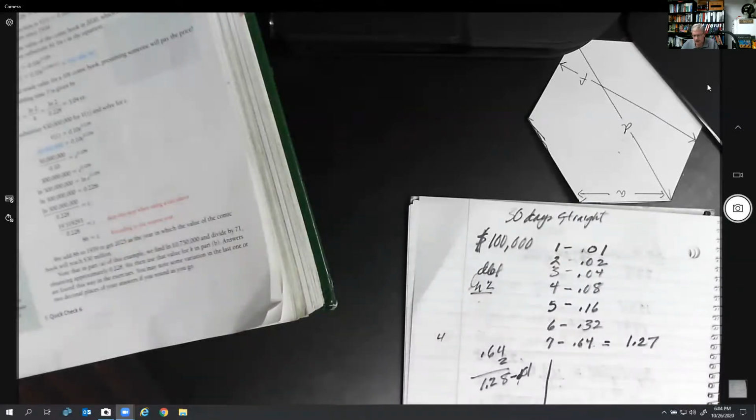I'll give you a little hint on the total. If I multiply this number by 2, that's $1.28. And if I subtract 1 penny, 0.01, from that, you see I get $1.27. It's 1 less than that. So maybe that'll give you a little hint on the total.